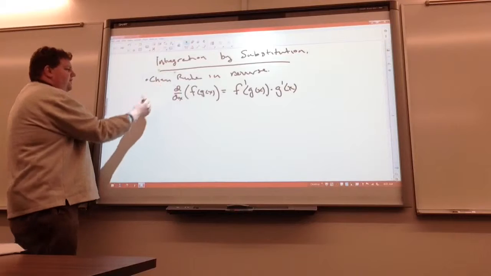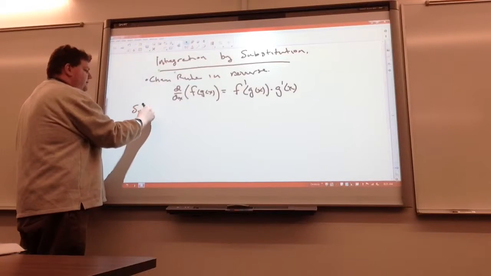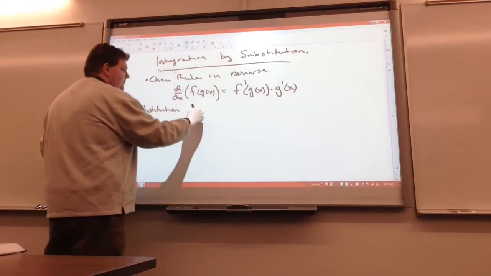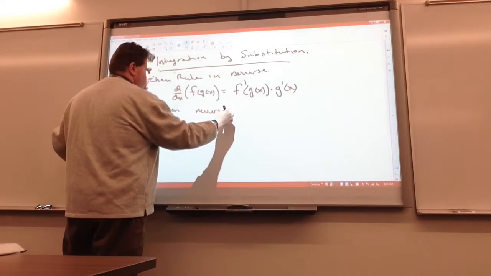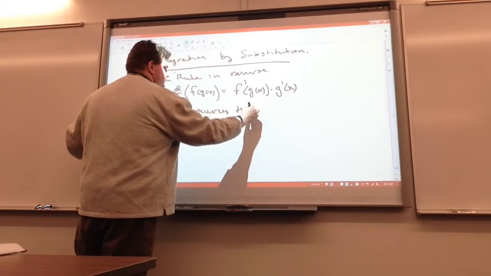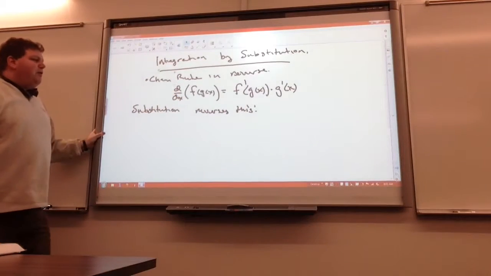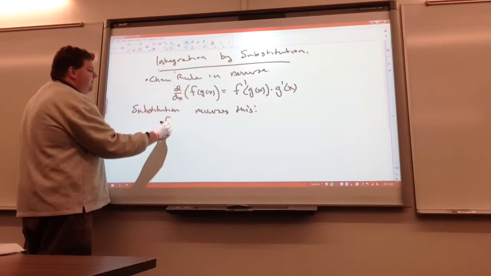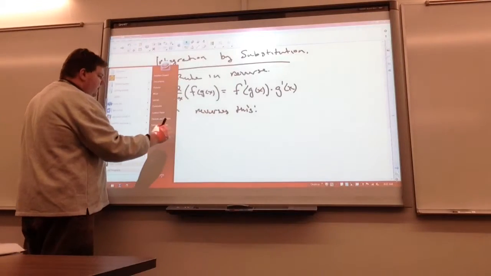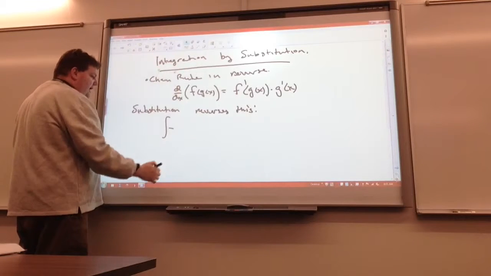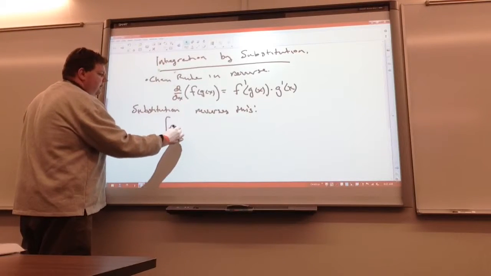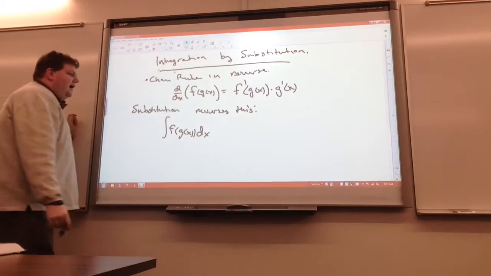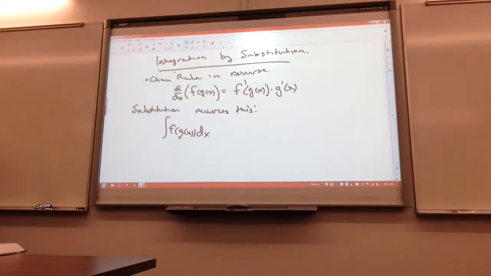Well, the substitution method reverses this. Basically how it works is we're going to start off with an integral, typically written as the integral of f of g of x dx.